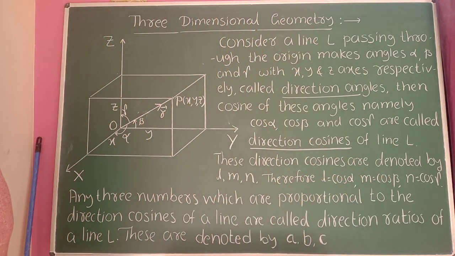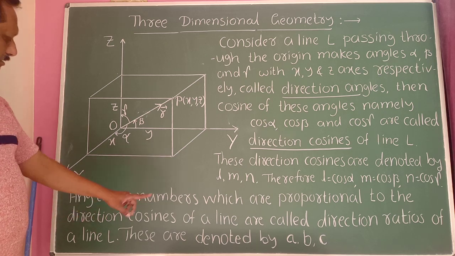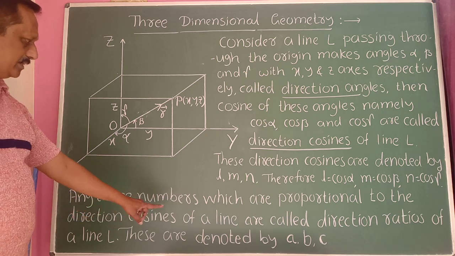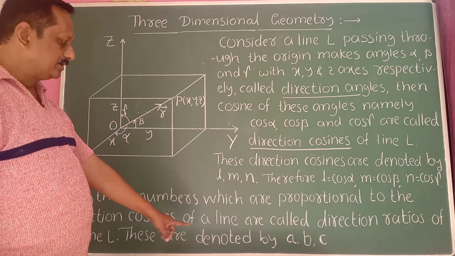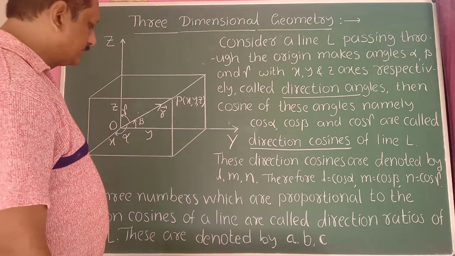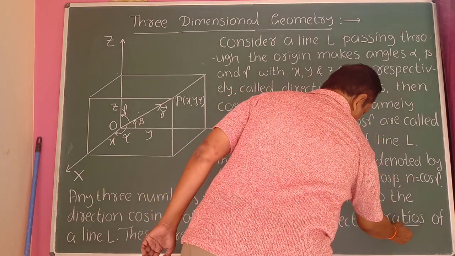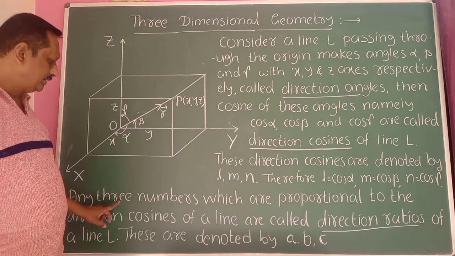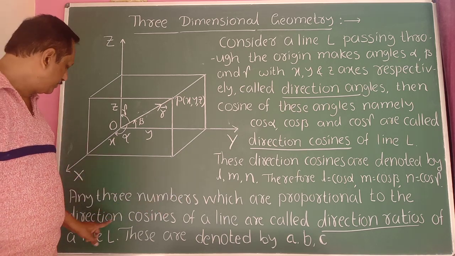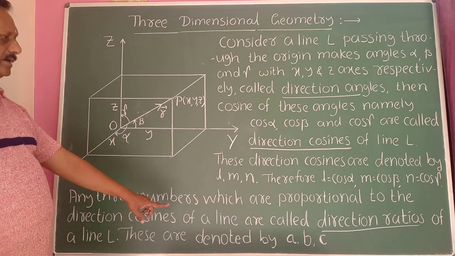Any three numbers which are proportional to the direction cosines of a line are called direction ratios of the line L. These are denoted by a, b, c. Any three numbers proportional to the direction cosines are called direction ratios.